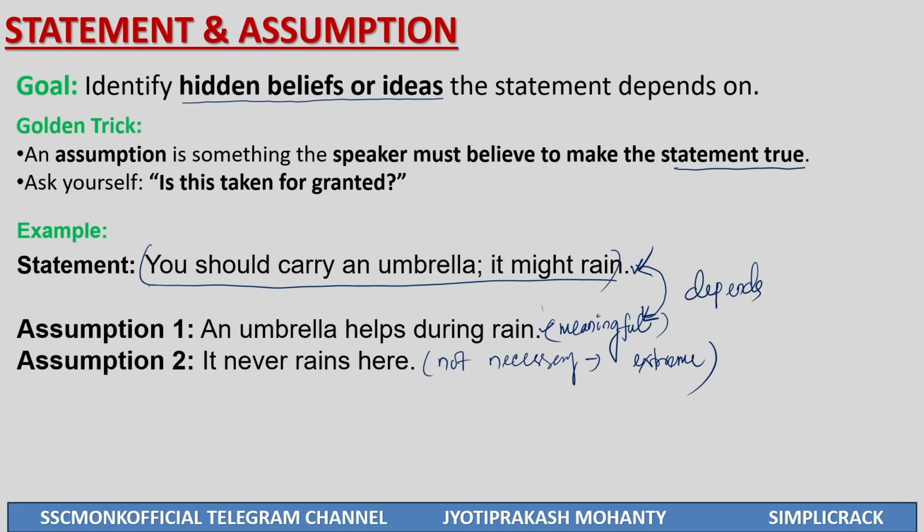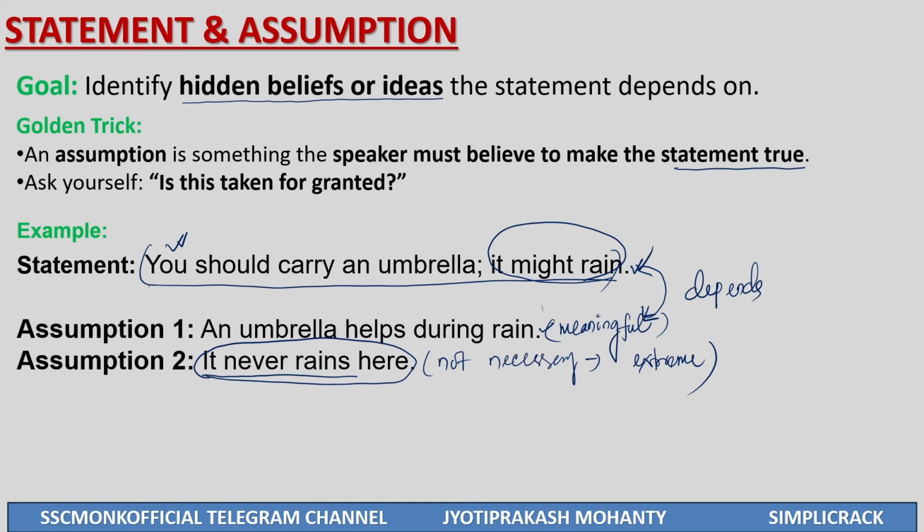And if this whole thing is contradicting the statement, how is it contradicting? It says it never rains here, but the statement is all about it might rain, so it is directly contradicting. So whenever an assumption is contradicting the statement, you will eliminate that.